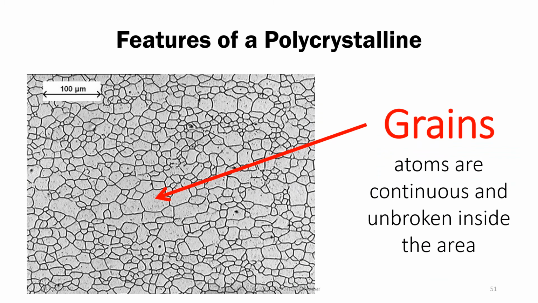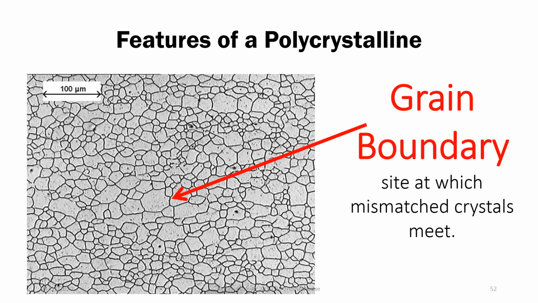So the feature of a polycrystalline material is what we call your grain. The grain is when a part of the crystal region is fully aligned. Parang aligned sila, continuous and unbroken inside the area. And the regions in which your grains meet is what we call your grain boundaries. So yan, these are your grain boundaries. These are sites at which our mismatched crystals or our grains meet.